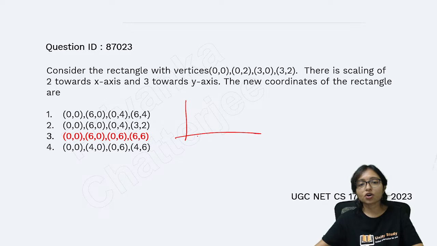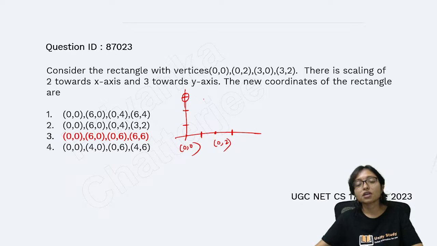You can draw this, where it is the 0, 0 position and the 0, 2 position. Maybe I am taking this in this way so that you can get it. Yes, so this is your 0, 2 position. Another one is 3, 0: 1, 2, 3.